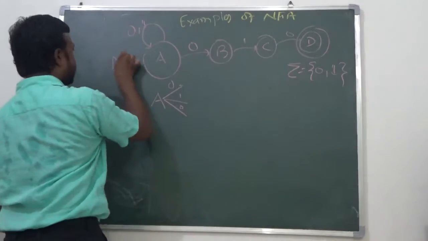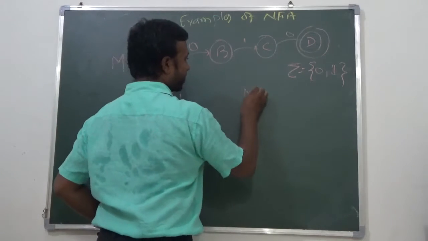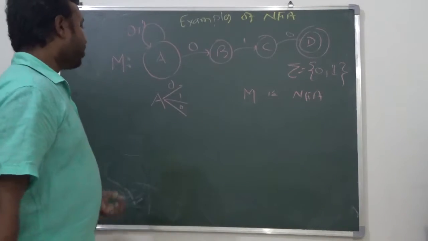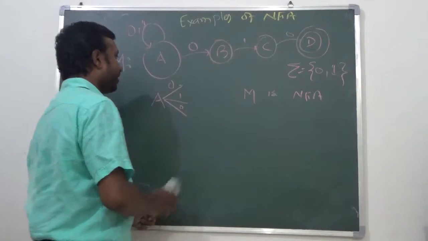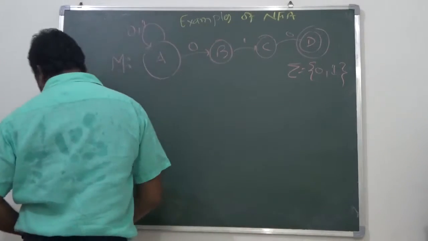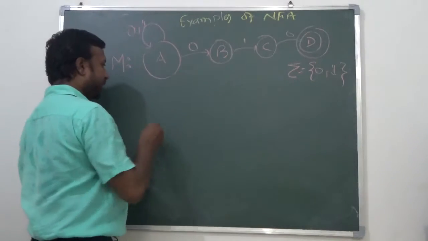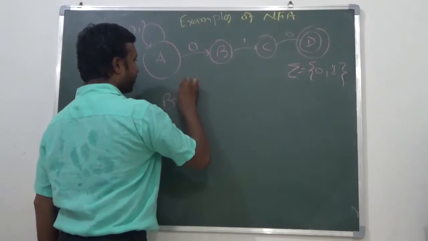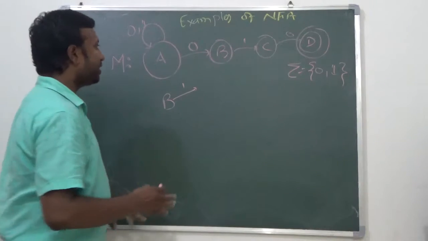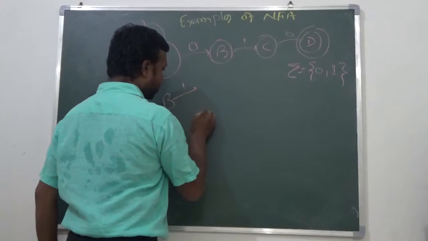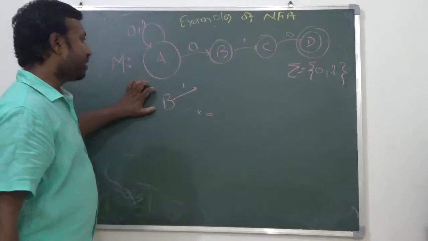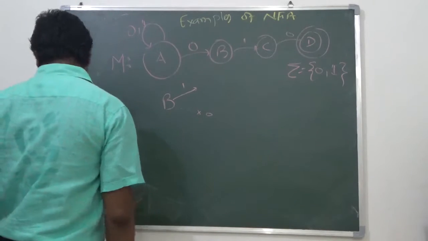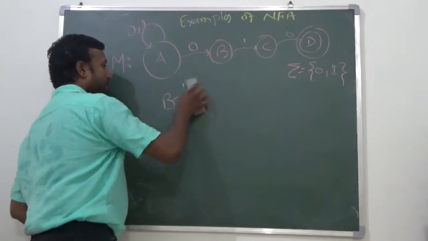If we represent it as M, then M is certainly an NFA, and obviously not a DFA, since it violates the rule for DFA. Again, if you look at state B, it has one branch for 1, but no branch for 0. So again the rule is violated, and the machine is again an NFA.